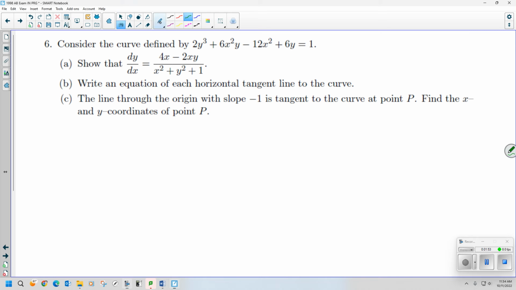Okay, so let's start with 6A. We'll start with green because that's not a very intimidating color. It's very pleasant. It's actually my favorite color. 6A says, show that the derivative, dy dx, of the equation above is 4x minus 2xy all over x squared plus y squared plus 1. Then we're going to have to come up with some equations of lines and so on. The great part is they give us the derivative for A. We just have to show it.